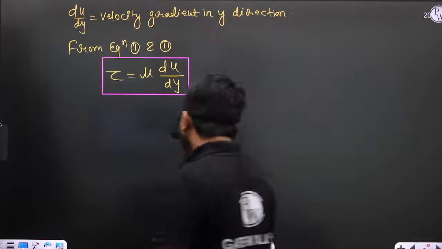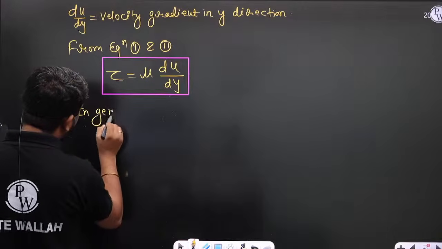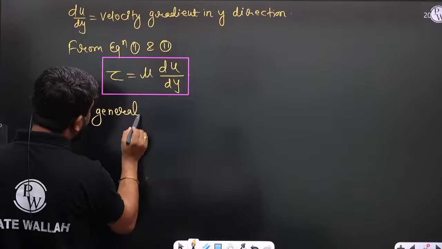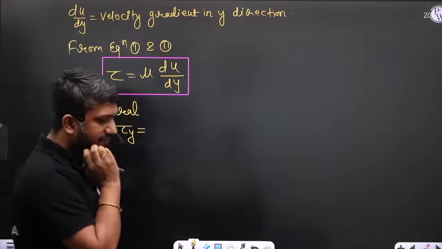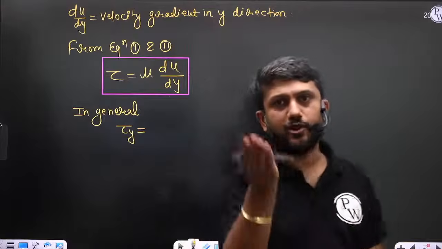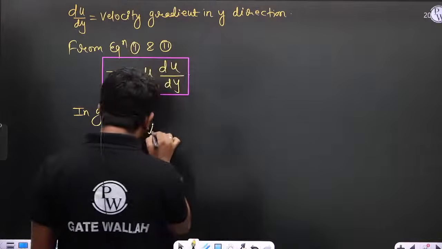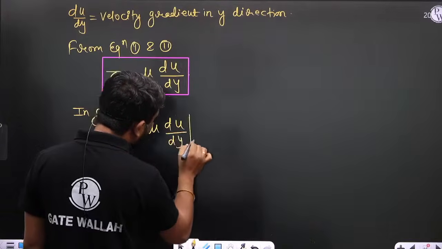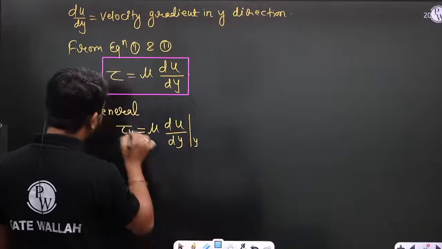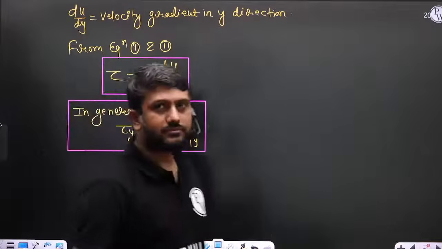Or in general, we can write the shear stress experienced by any layer which is present at a y distance from the bottom plate: the tau at any y is equal to mu du by dy at that y. So we can write it in this way also, right?